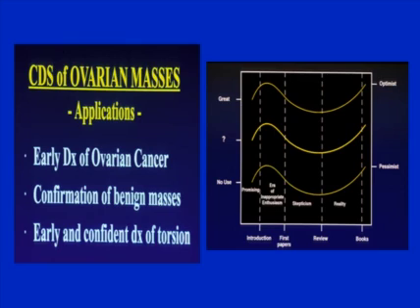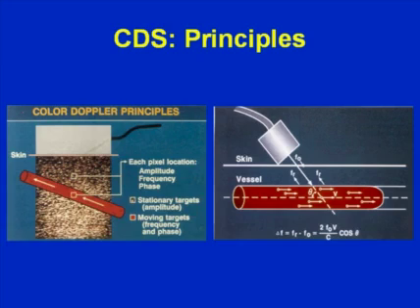And I would say color Doppler has passed through these stages and is now a very useful technique in differentiating benign from malignant masses, as well as making the diagnosis of torsion, which I will not cover in this presentation.